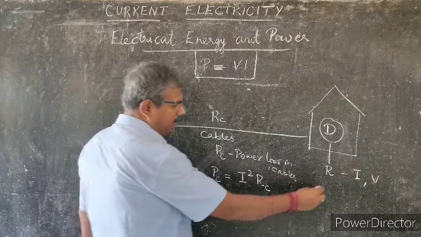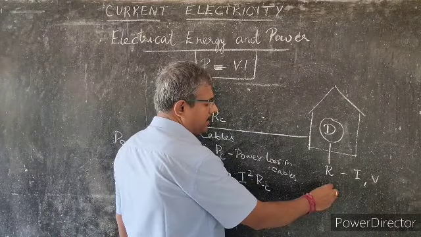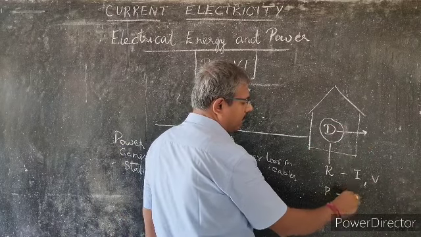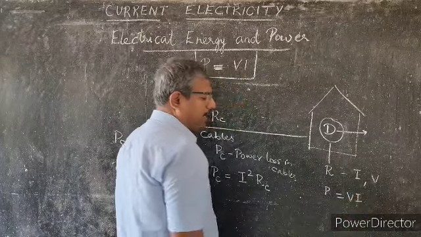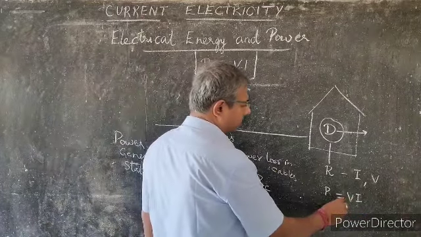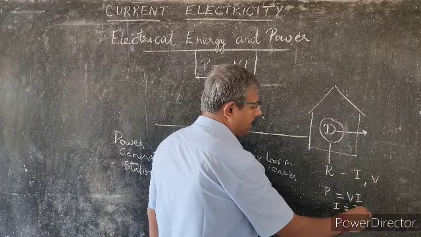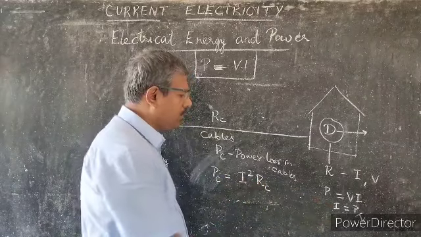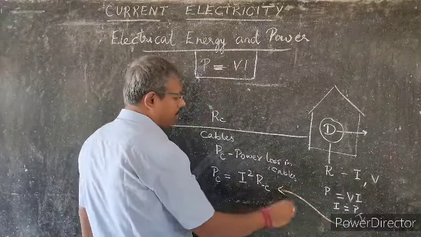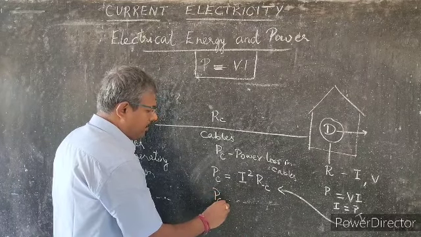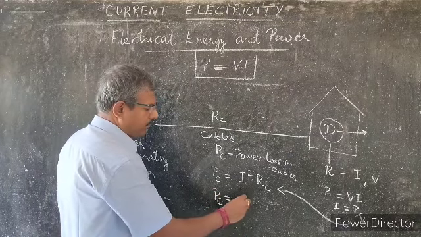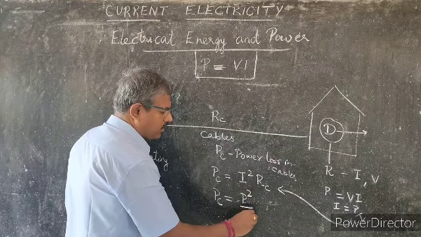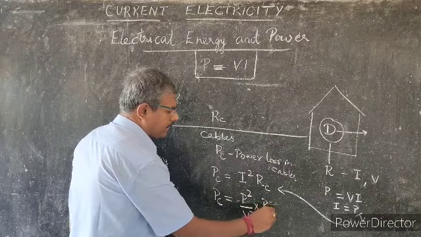But I can also write a similar equation here which says the power of this device is given by V into I, or I is equal to P by V. Now the current is the same, so I can substitute this over here, which gives me power loss in the cables as P square by V square into RC.